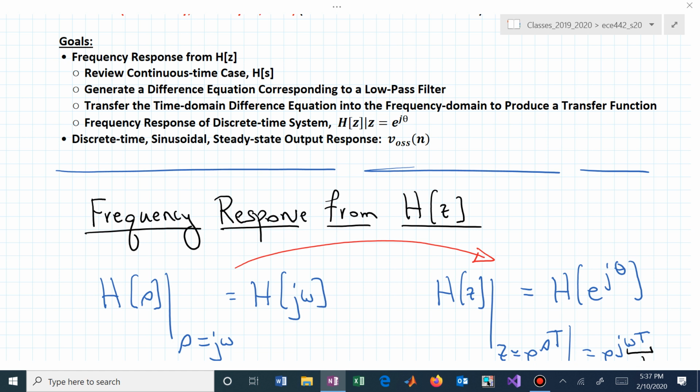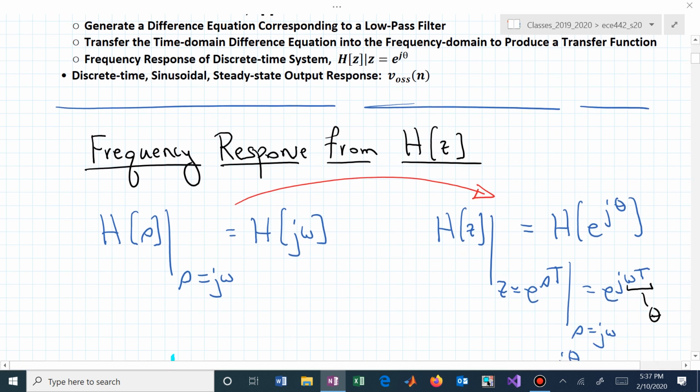Then z equals e to the j theta. We're now replacing z with this complex number, e to the j theta, and we think of theta like you thought of omega when you looked at H of j omega for the frequency response.